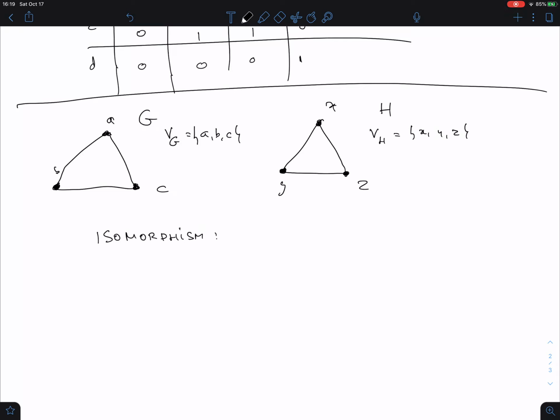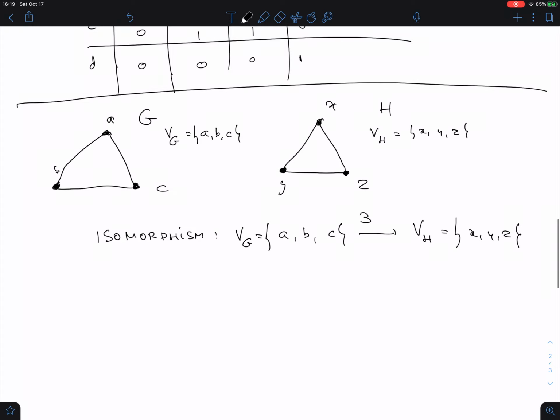Isomorphism is a renaming. So I will rename A as X, and B as Y, and C as Z. Right? So what that means is that I have a map from V_G to V_H, a function, and in fact I have a bijection.